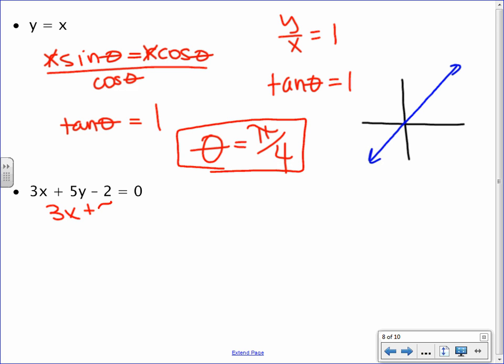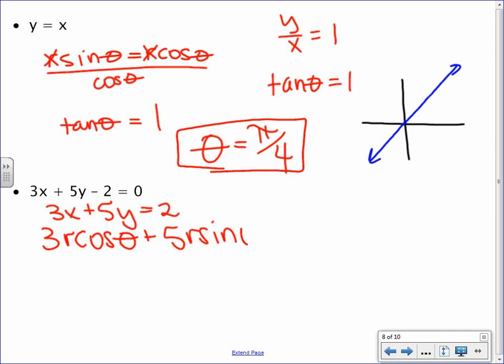Add the 2 to the other side. Okay, we have substitutions, right? x is r cosine theta, y is r sine theta.